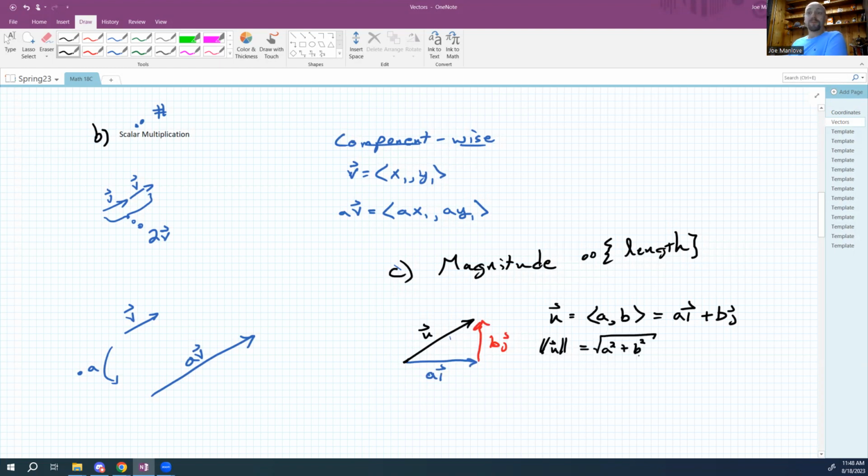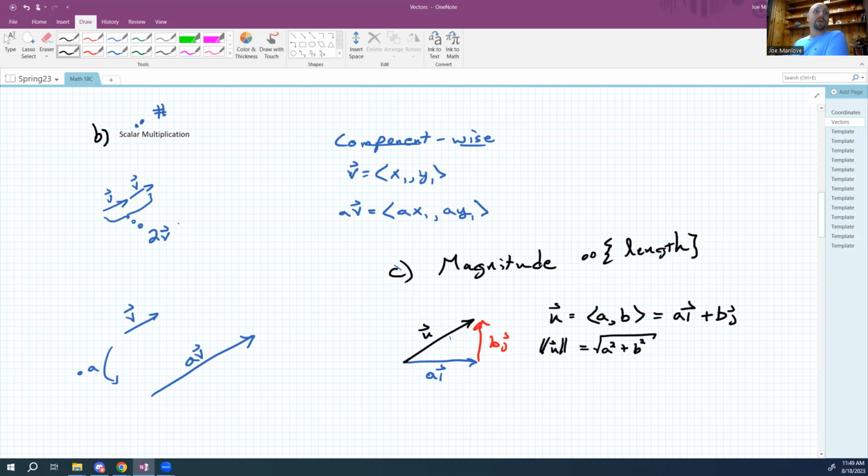That's me literally applying the Pythagorean theorem. This happened in 2 dimensions. I encourage you to think for a second, what's going to be different in 3? Yeah, there's going to be a third component. That's it, nothing else. So that's magnitude.